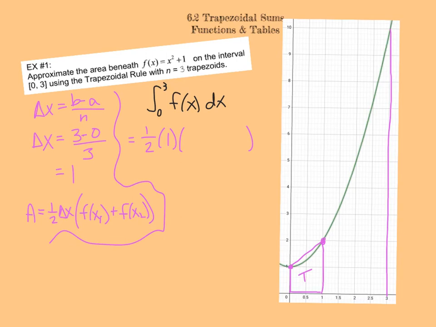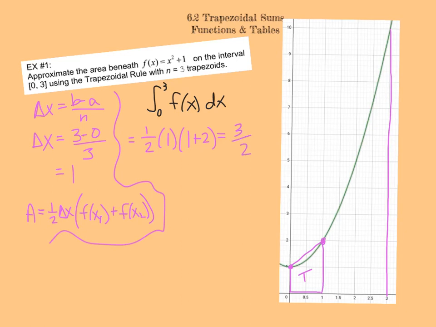So the first height is 1 and the second one is 2. All right, so we end up getting 1/2 of 1, so 1/2 times 3, which is 3/2.